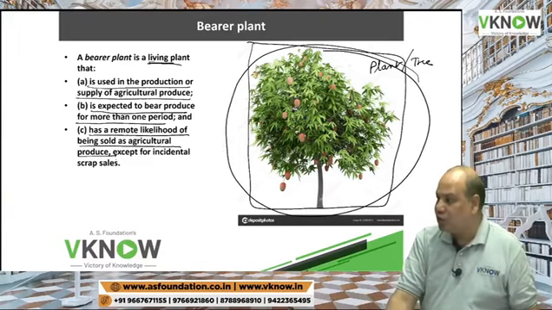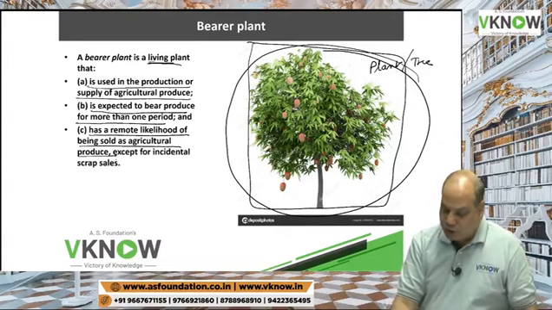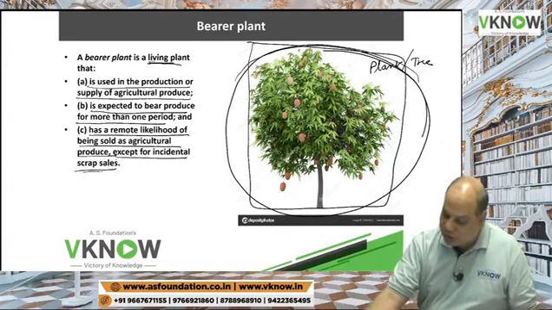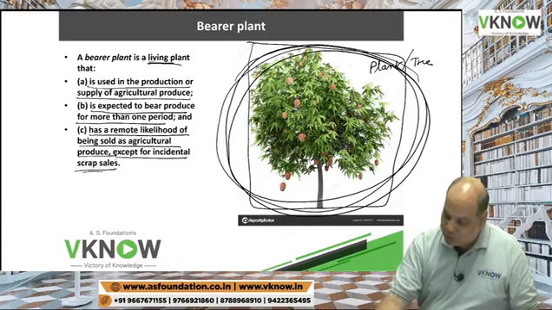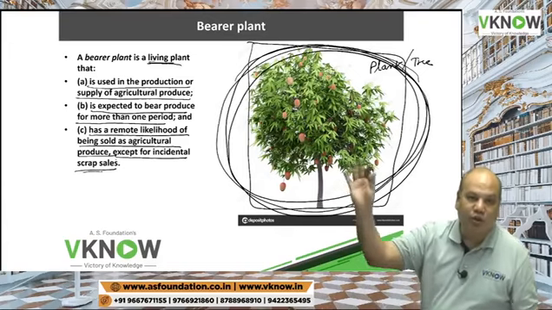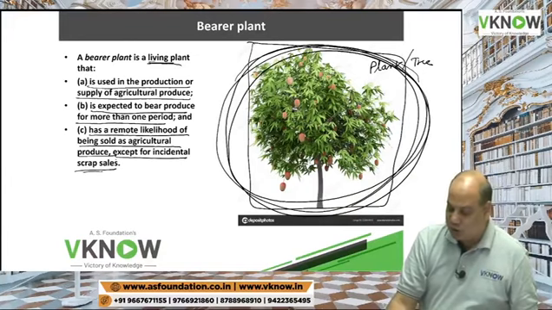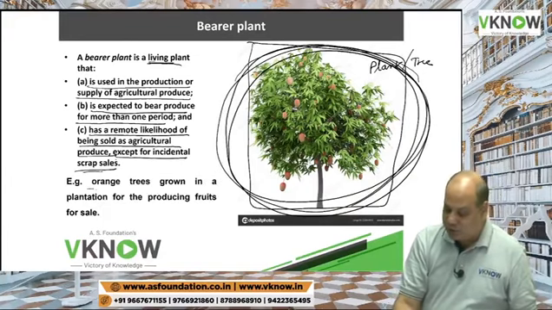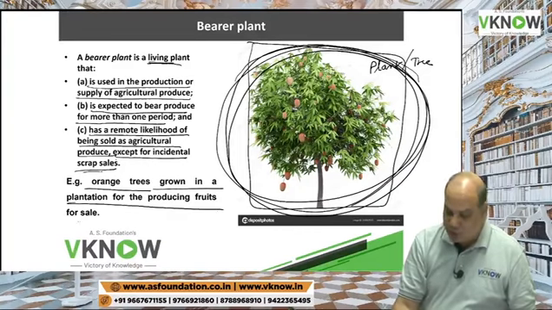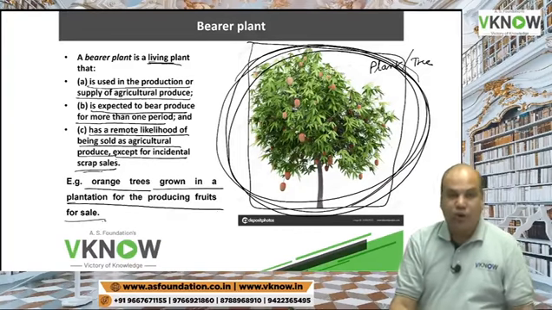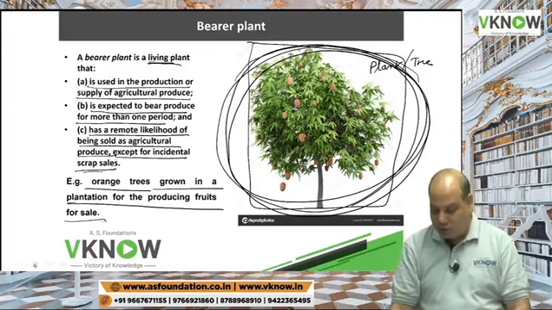The produce on the tree is sold, except for incidental scrap sale. Once its life is over, then it can be sold as scrap, but otherwise they are not sold themselves. Example, an orange tree grown in a plantation for producing fruit for sale. Now why am I discussing bearer plant with you?